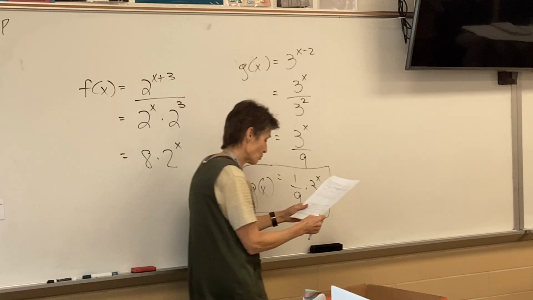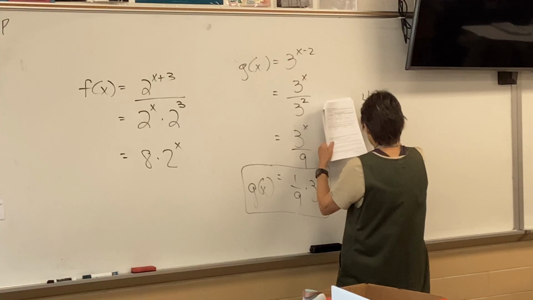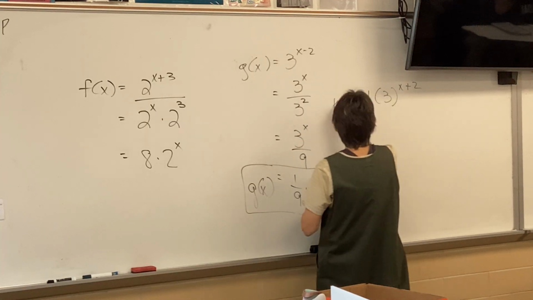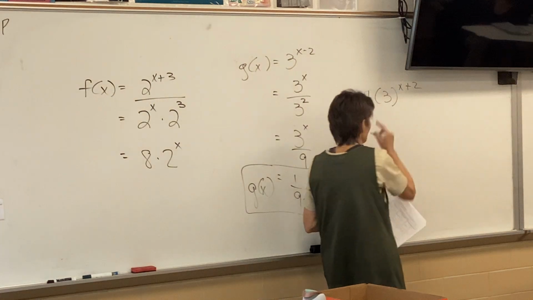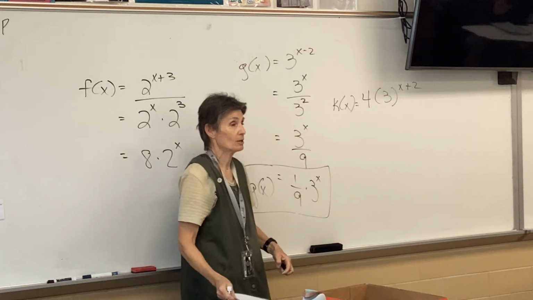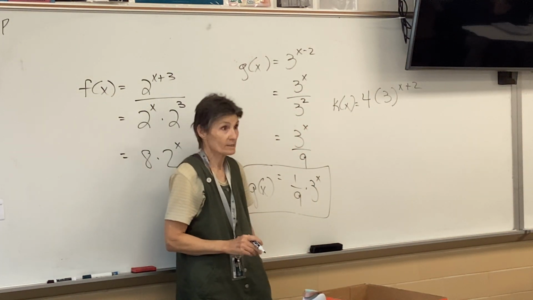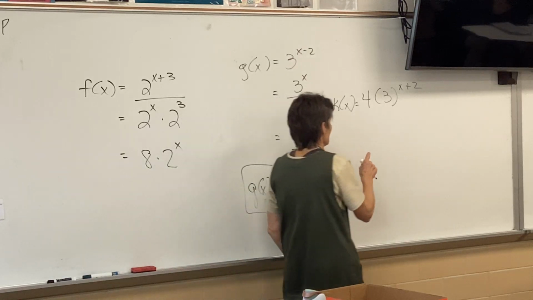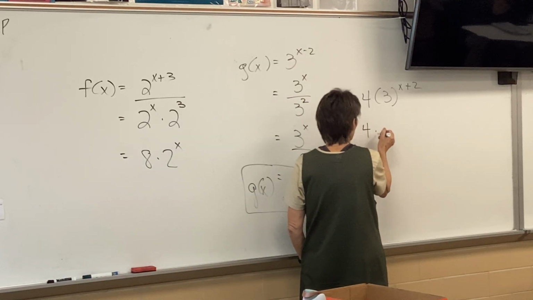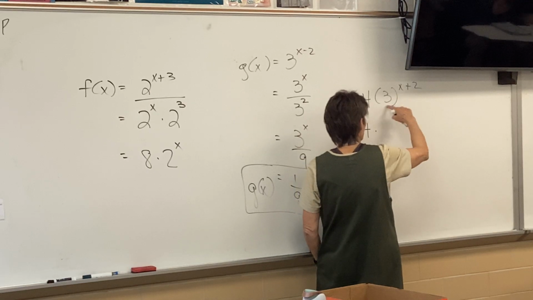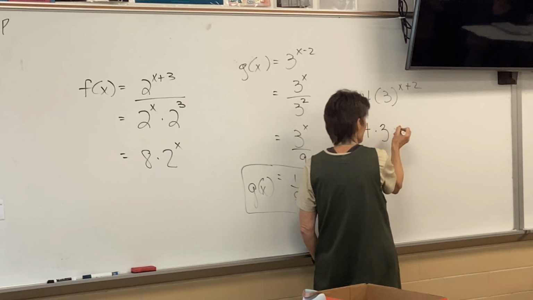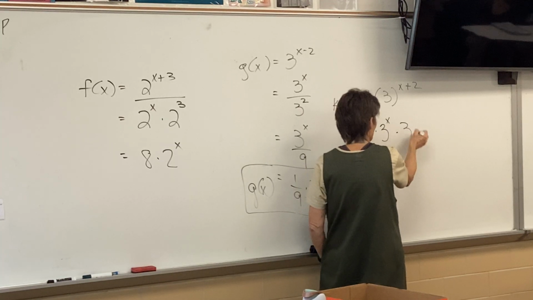All right, last one. This one already has a vertical dilation, but it also has a horizontal translation, and we've got to get rid of that. I got my 4. Now what's this? I'm going to split this up. It's going to be 3 to the x times 3 squared.